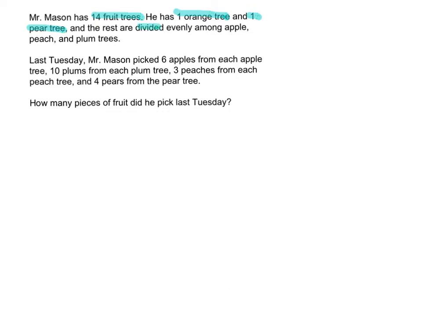So divided evenly. That obviously will tell us that is a division. Anytime you're splitting things into equal groups or you are making things equal in a group, we're going to be talking about division there. And he's dividing them equally among apple, peach, and plum trees. So we do know there are a total of 14.